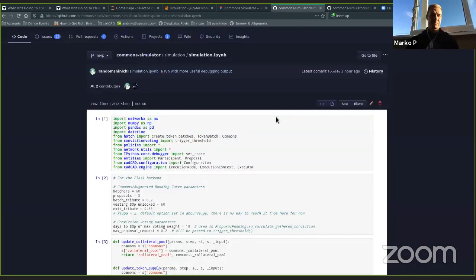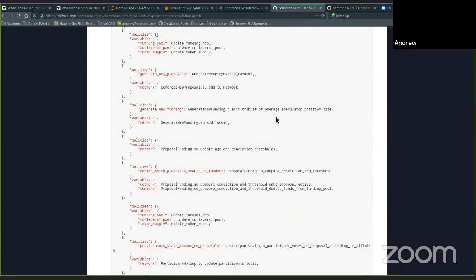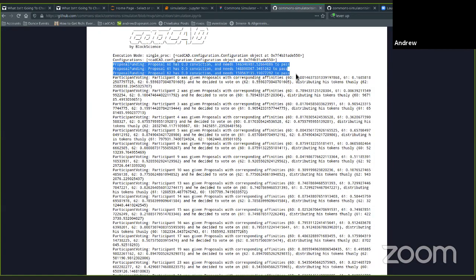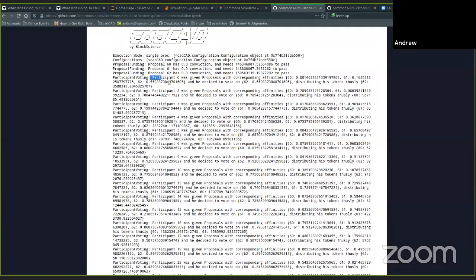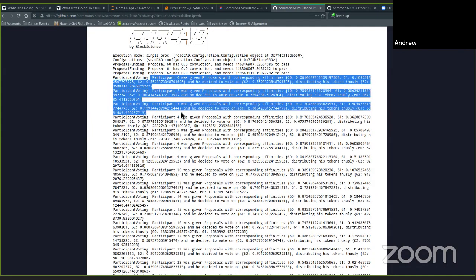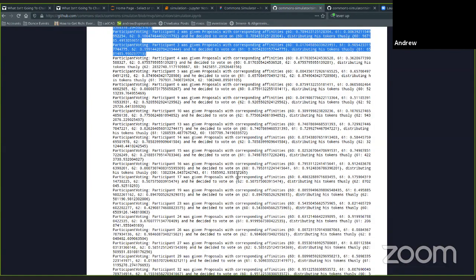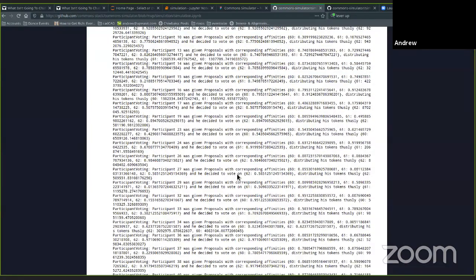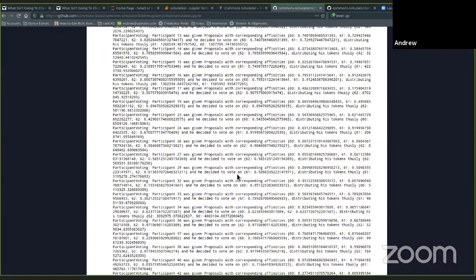So, in the beginning, it is useful to see what is the original state. I don't really trust these conviction threshold numbers. Maybe someone should recalculate them again. But what is nice to see is that the participants initially are given these things, and right now I set participants to always do something.